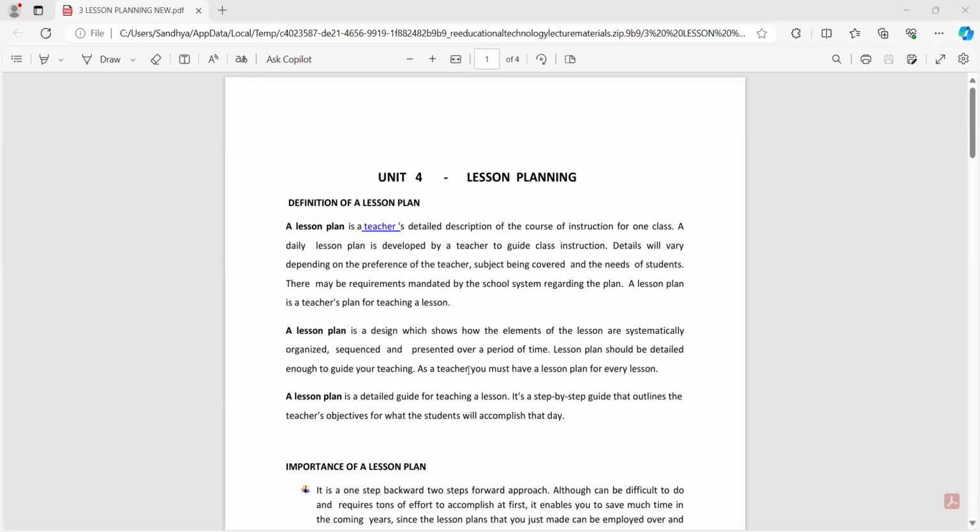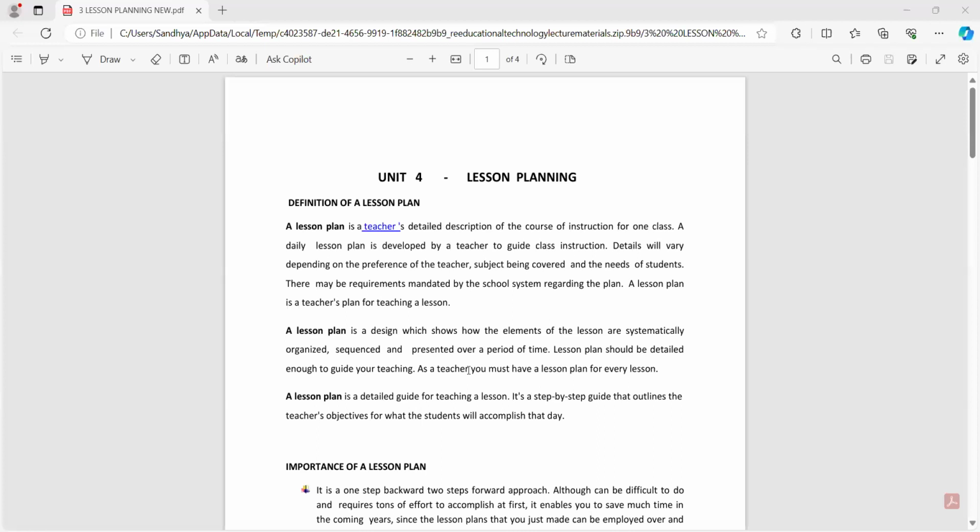Okay. And if I'm to further tell you, they say lesson plan is the bird's eye view of the lesson. What is meant by the bird's eye view of the lesson? Bird's eye view means you are at a higher plane, like the bird, right? And you can see the big picture, the panoramic view of what is below.